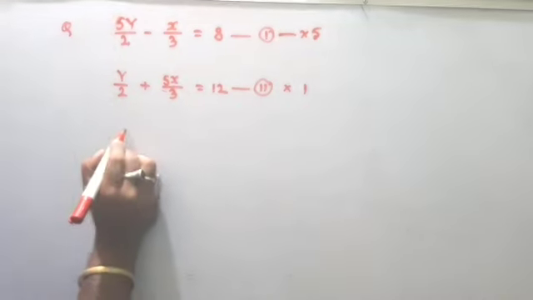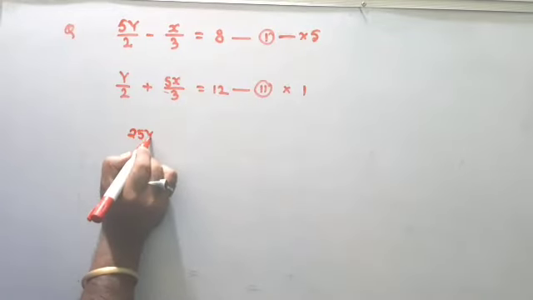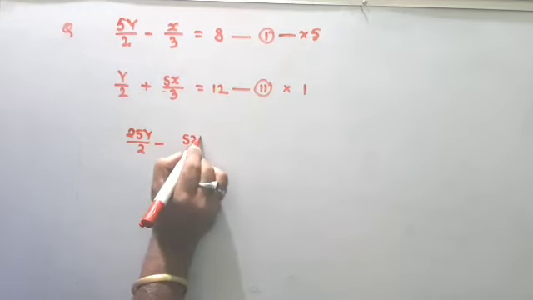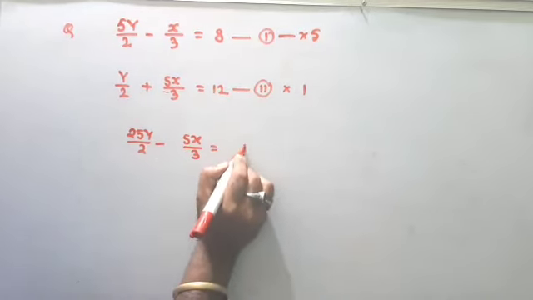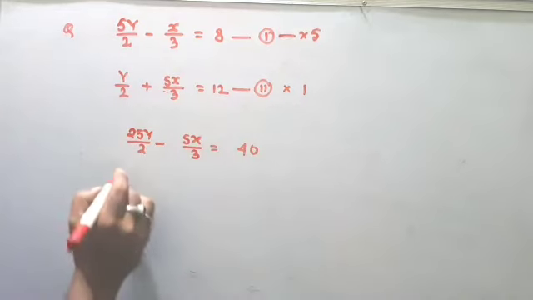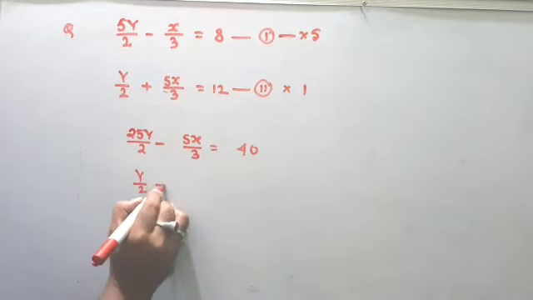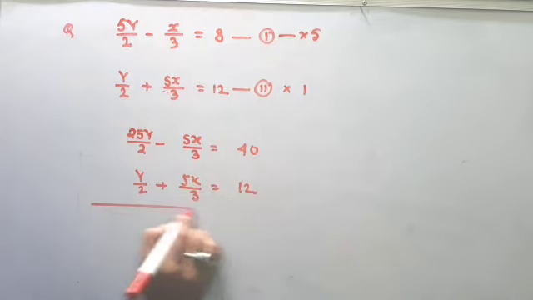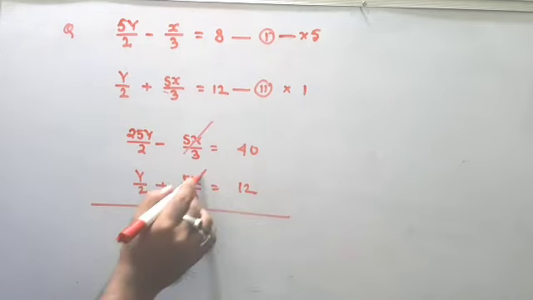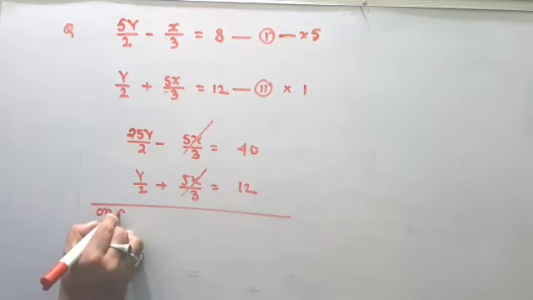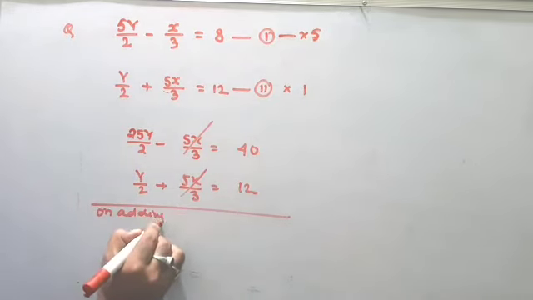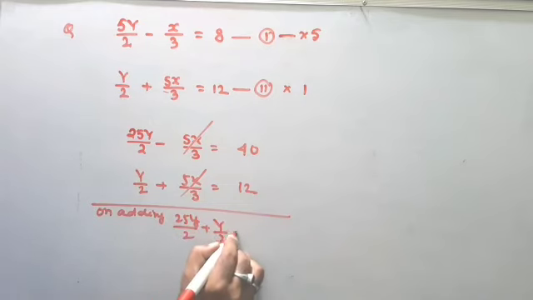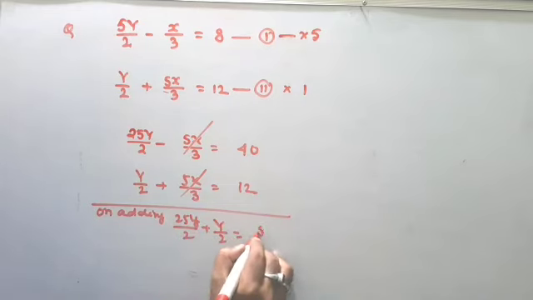So 5 into 5y by 2 is 25y by 2, minus 5 into x by 3 is 5x by 3, 5 into 8 is 40, and here y by 2 plus 5x by 3 is equal to 12. Again the minus and plus terms cancel on adding. 25y by 2 plus y by 2 is equal to 40 plus 12, 52.